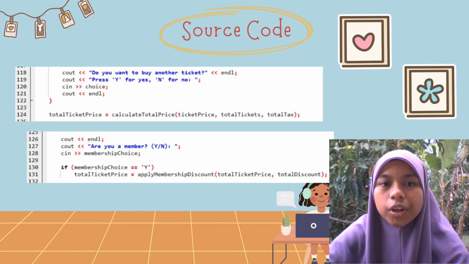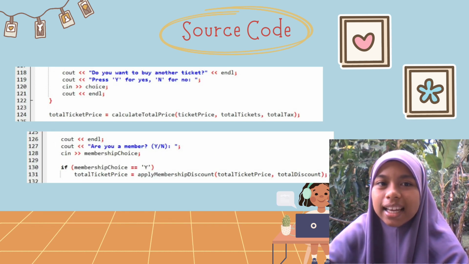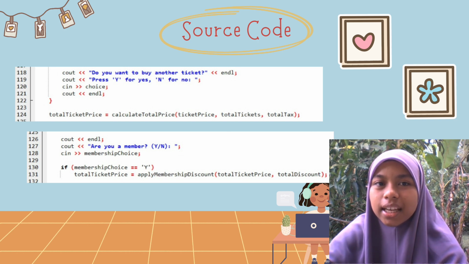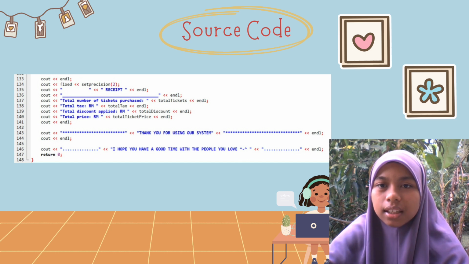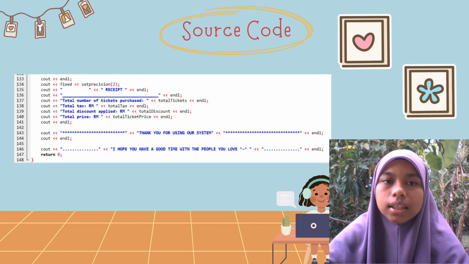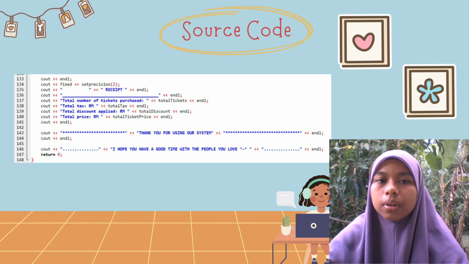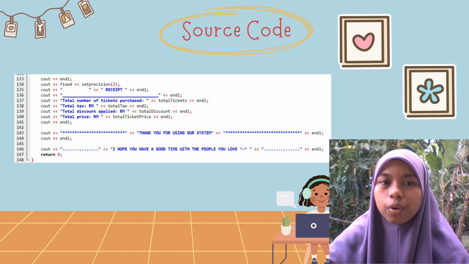Next, the program will display "Do you want to buy another ticket? Press Y for yes and N for no." So the user will make a choice. After that, the total ticket price calculation function is called. Then "Are you a member? Y for yes or N for no" is displayed.